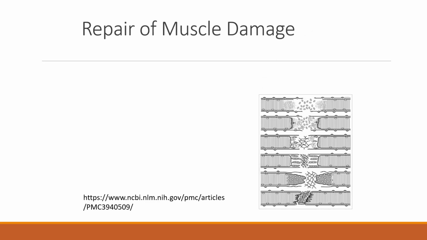So if a muscle fiber is torn through, or many muscle fibers are torn through, although the connective tissue envelope is preserved, this is how healing takes place. First is inflammation, and the inflammation causes necrosis of the muscle fibers that have been damaged.